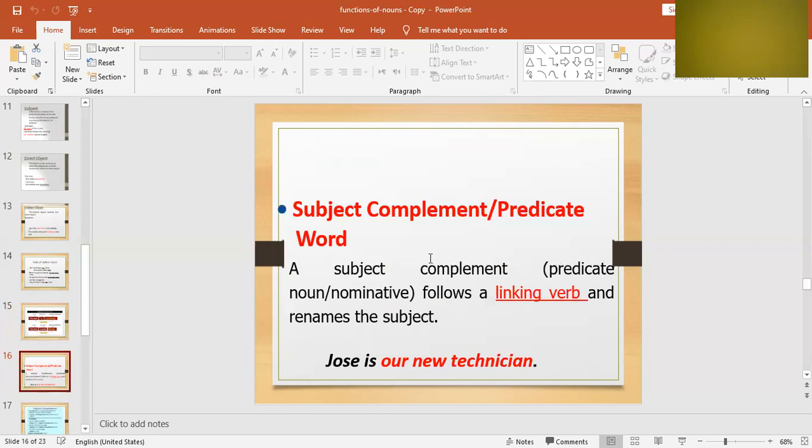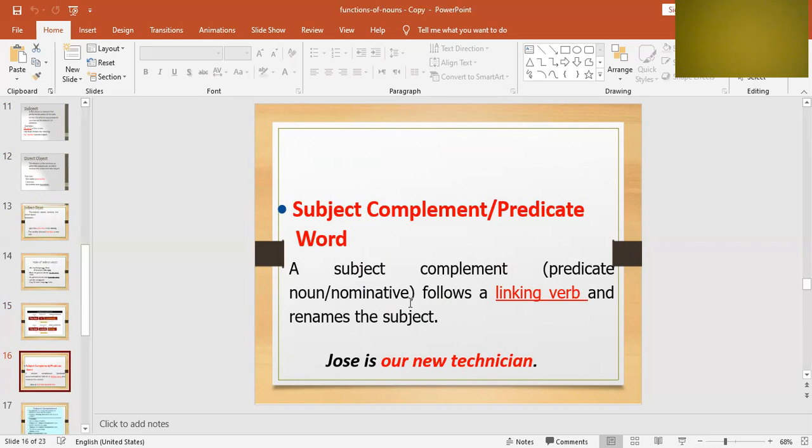Okay. Subject complement or predicate word. We call it subject complement or predicate words: predicate noun, predicate nominative. Nominative, from "name," follows a linking verb and renames the subject. This gives another name to a subject.